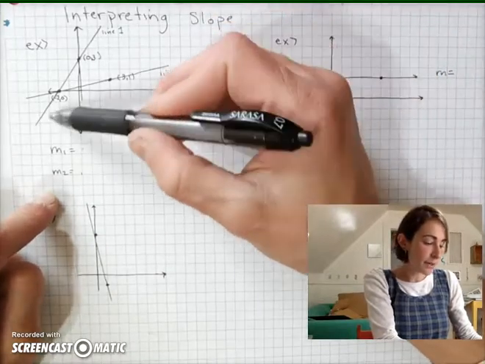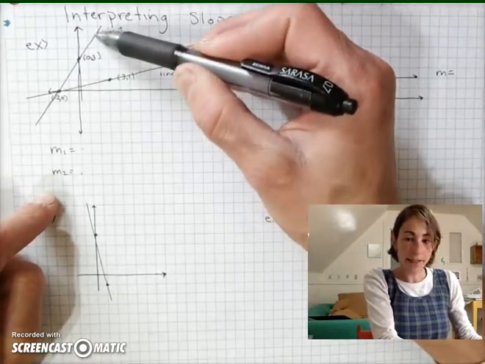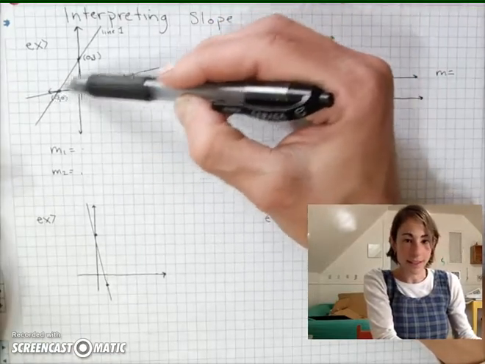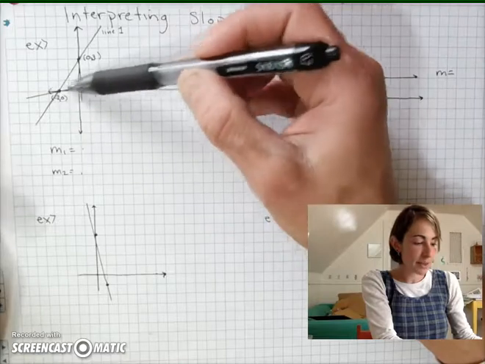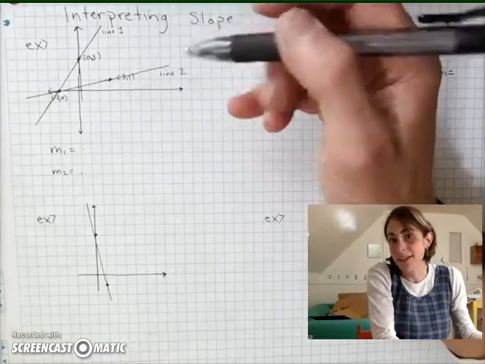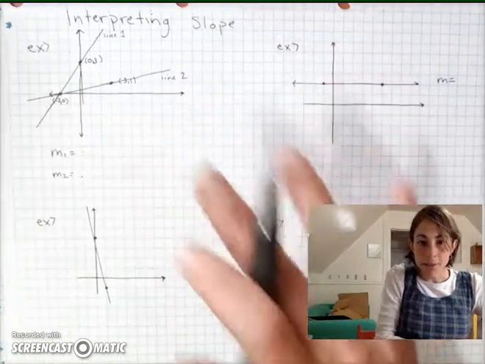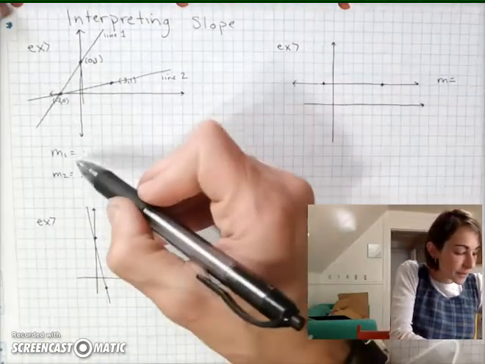If we were trying to walk up this line, it would be a lot harder than walking up this line. This is like the steep part of Horseshoe. This is like walking up a ramp to the student center. So let's see what that means in terms of the numbers we get when we calculate the slope.